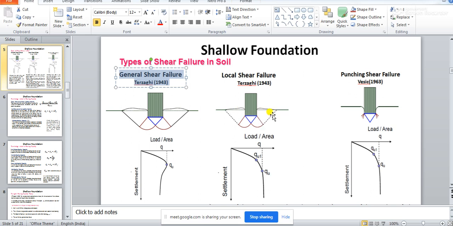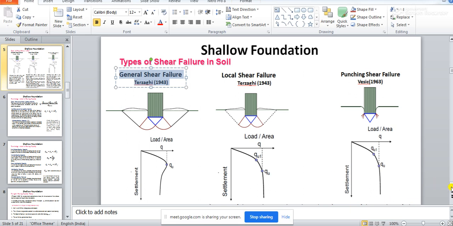Obviously there will not be much bulging, because the prominence of this zone and this zone is not at all there. So the bulging of the soil outside the ground level will not be as prominent as it was in case of general shear failure.